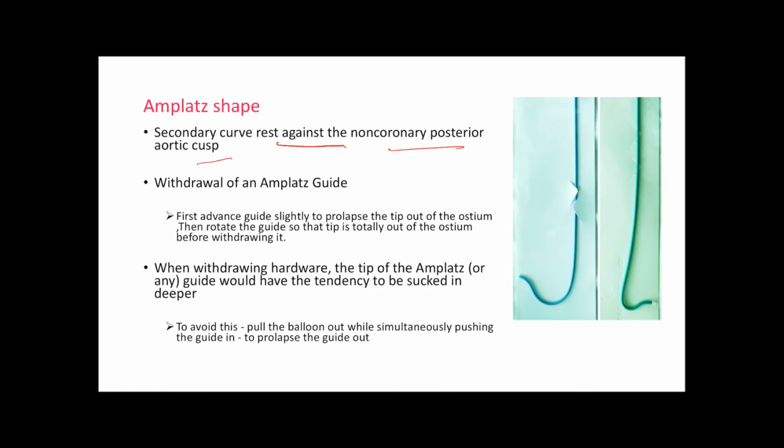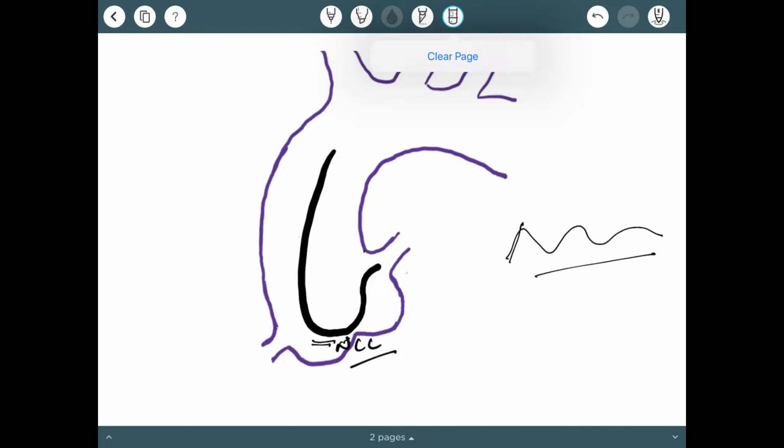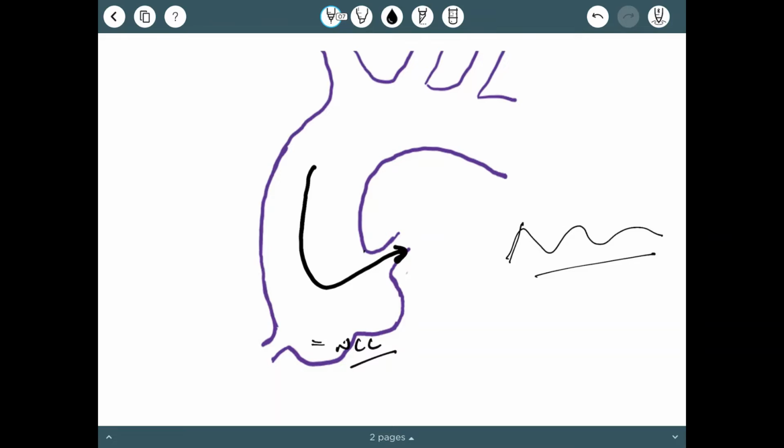Because if you just pull this catheter out, this curve will push the catheter tip into the coronary artery. So there is a chance that you can injure the coronary ostia.